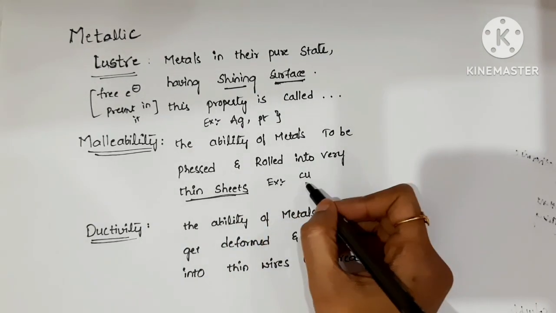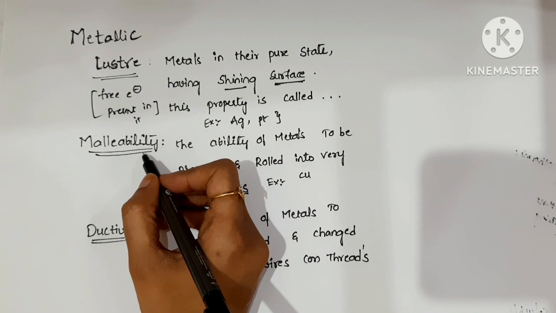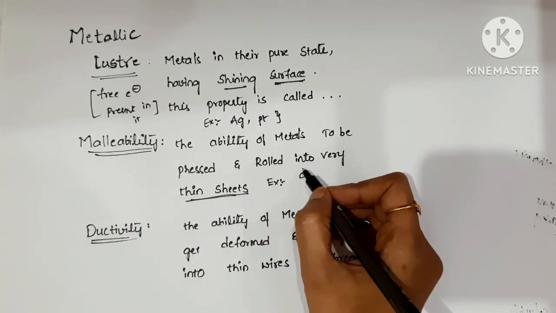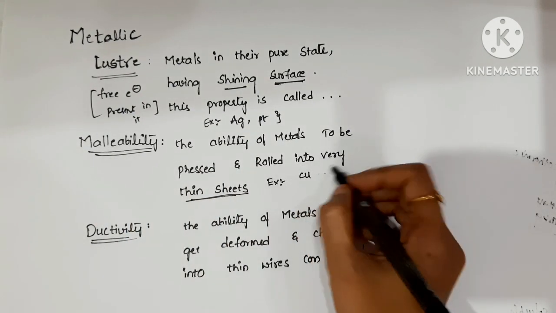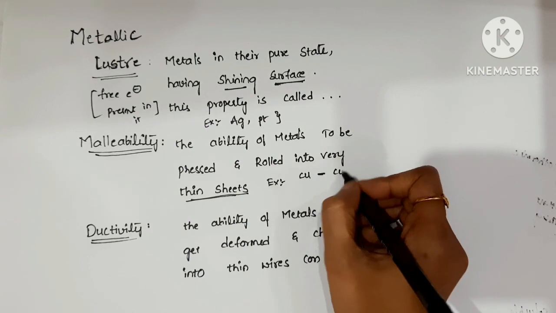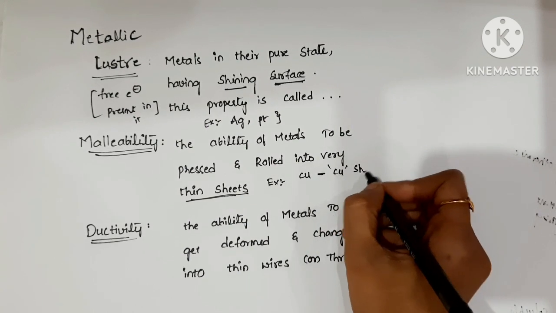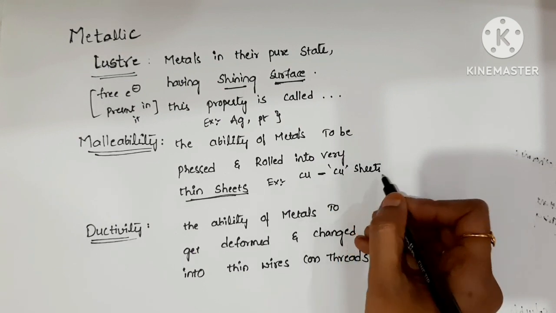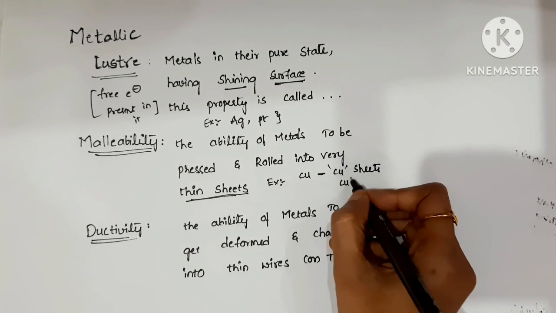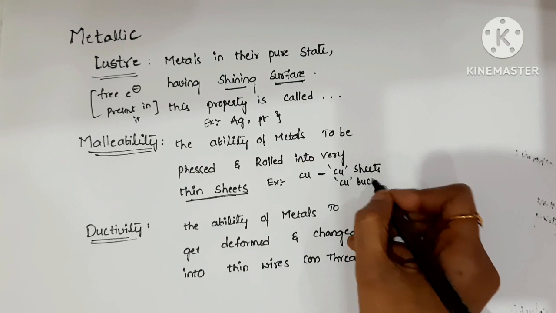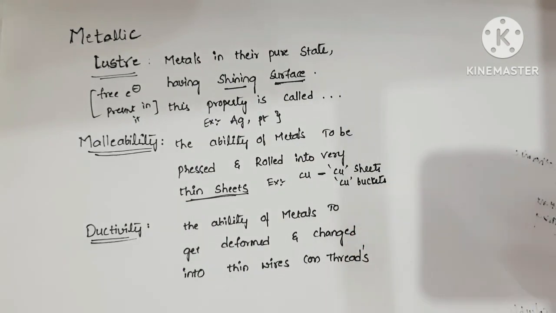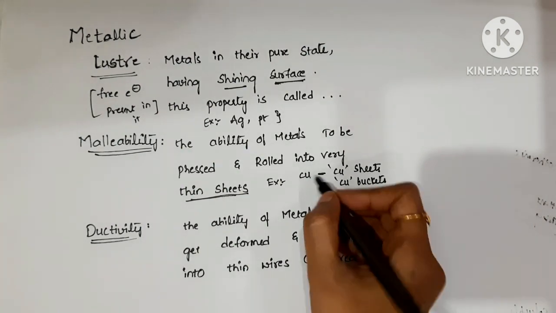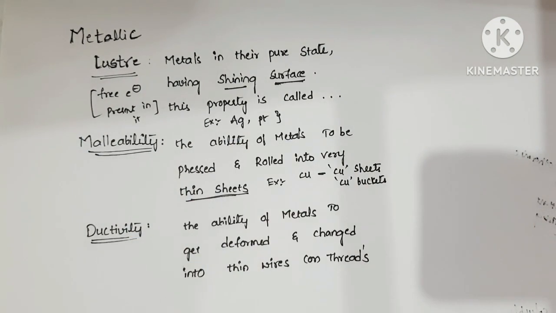Copper produces copper sheets, and these copper sheets are required to make copper buckets. Generally we use copper buckets in homes and many other places. So copper has this malleability property.